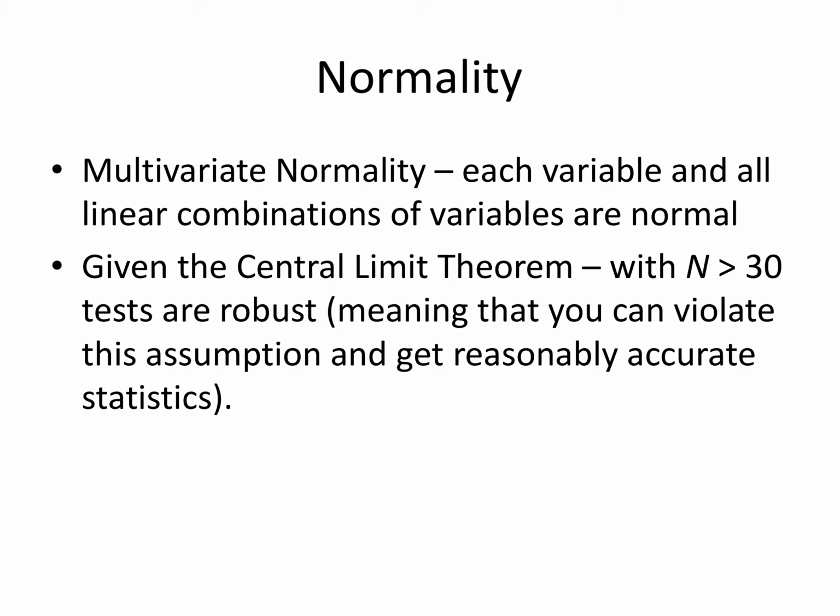So what that means is if I have at least 30 people, we can assume that the sampling distribution is likely normal. The sample may not be normal, the population may definitely not be normal, but the sampling distribution, where we're plotting the means of the data rather than the people, is likely normal enough. Okay. And so the test is robust.